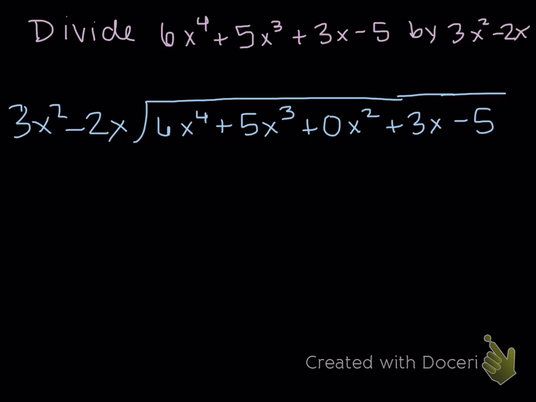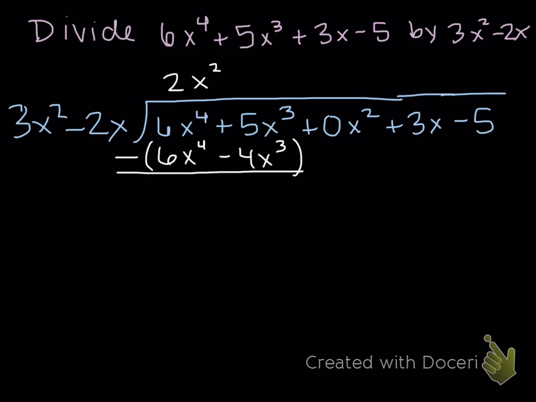So we're going to go ahead and start this process. So a 2x squared is what I would need to multiply by to get a 6x to the fourth power. So now I'll have 6x to the fourth minus 4x cubed. And again, we are subtracting this quantity. So 5 minus negative 4 will become 9x cubed plus 0x squared because I'm dropping that first term.